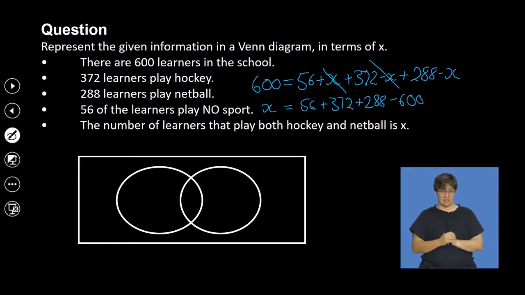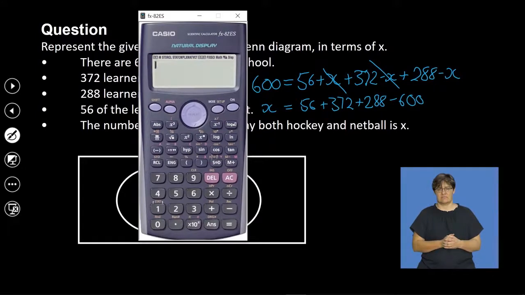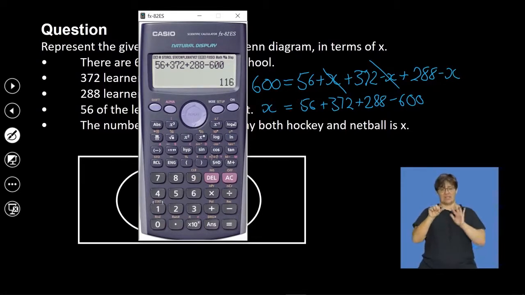Now let's get the calculator out. Right, here we've got the calculator. Let's enter some data. So we go 56 plus 372, well, I'm saying it the wrong way around, plus 288 minus 600. And that will give us a value of 116.